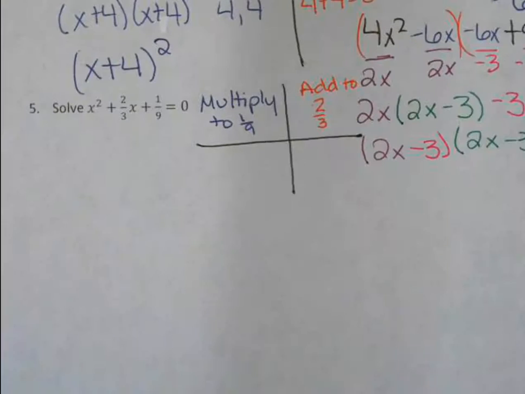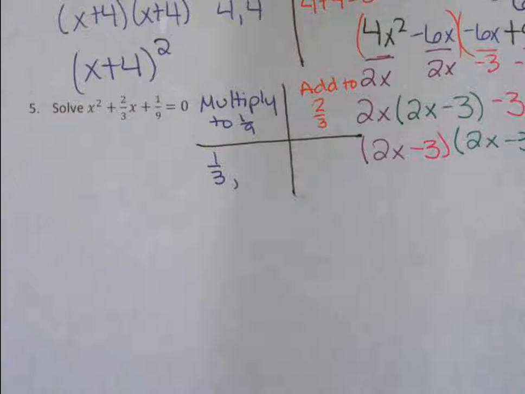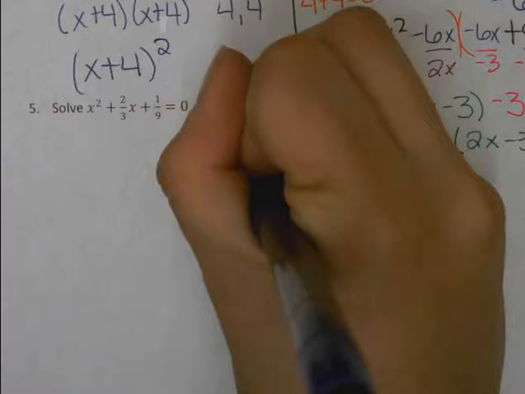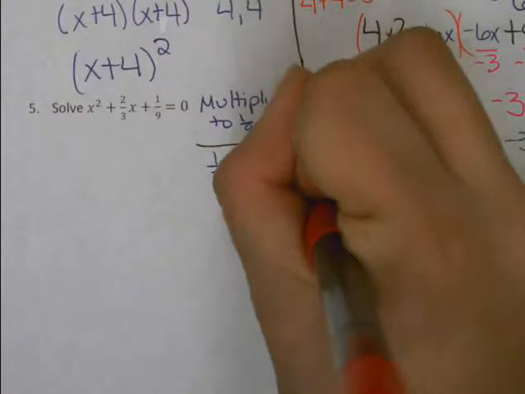Any ideas? One-third. And what's the second number? One-third. So when I add them together, it should give me 2/3.